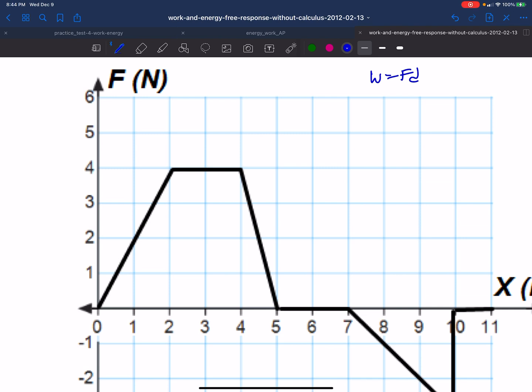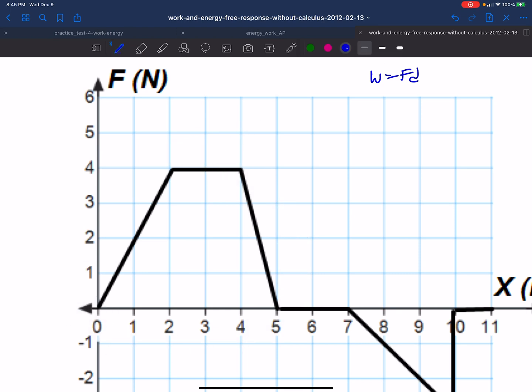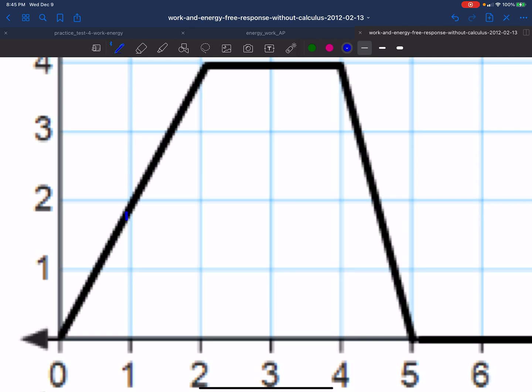So let's just imagine that we're trying to figure out the total work of this section right here, just that section for right now. So one of the ways we can do that is to take a look at the F times D. Now the problem again is that there's a non-constant force. So let's just imagine that we're going to break this into little pieces. So I'm just going to zoom in for a moment here on this little piece right here.